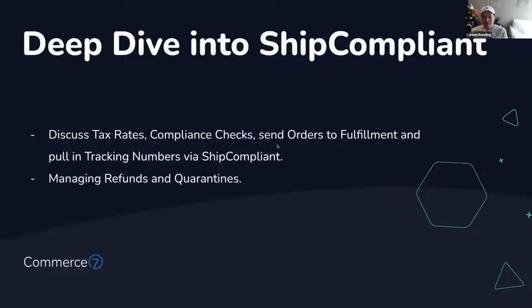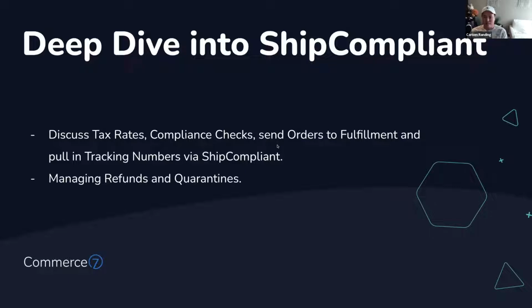Then ShipCompliant can also act as a bridge to send orders between Commerce7 and your fulfillment warehouse. So once it performs a compliance check and everything is deemed to be good and successful, ShipCompliant has the ability to push that transaction into various fulfillment warehouses.